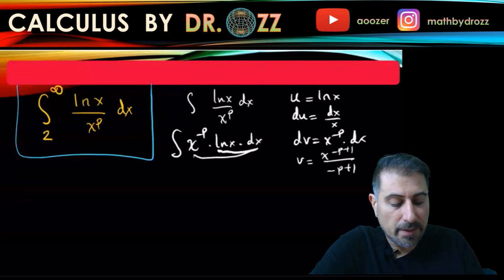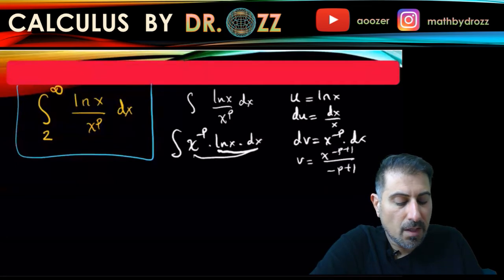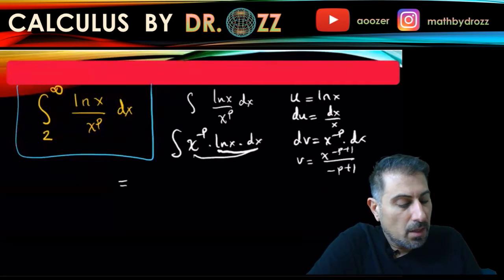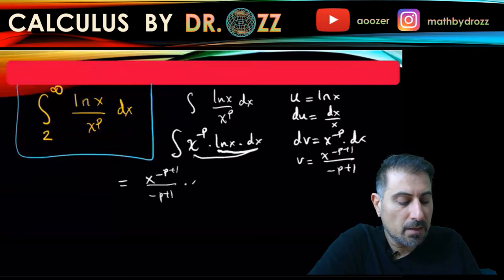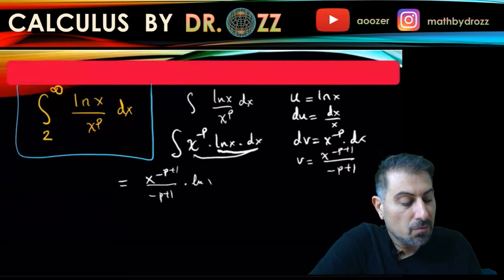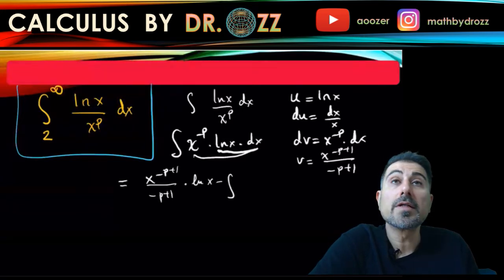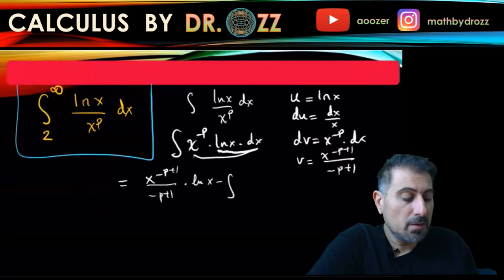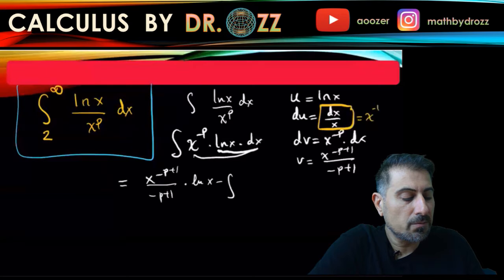Okay, so let's go ahead and write down the uv minus integral of v du. X to the minus p plus 1 over minus p plus 1 times ln x minus the integral of v times du. So if you look at the description of du, it's dx over x, so it's essentially x to the minus 1 dx.